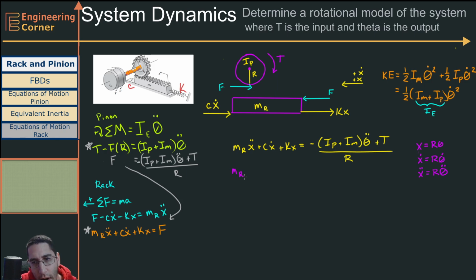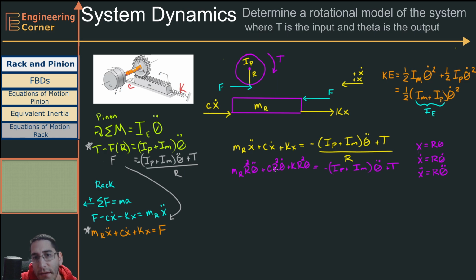So m_r r theta double dot plus c r theta dot plus k r theta is equal to this side of the equation, minus (I_P plus I_M) theta double dot plus T, divided by r. Now we're going to multiply by r. So I'm actually going to get rid of that right now. And what happens is all of these r's right here become r squared.